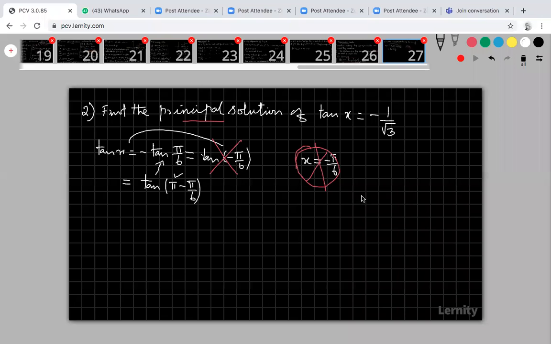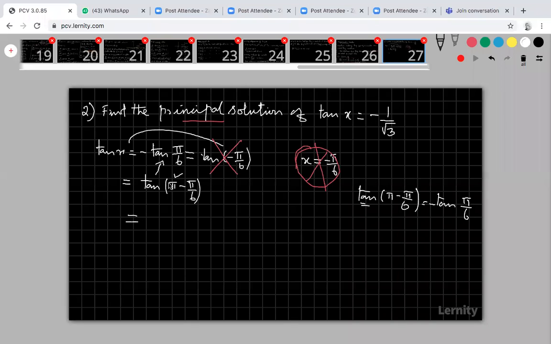So tan of pi minus pi by 6 is tan pi by 6, but check the plus or minus sign. This belongs to the second quadrant. In the second quadrant, only sine is positive. What about my tan? Tan is negative. So therefore, tan of pi minus pi by 6 is minus tan pi by 6.